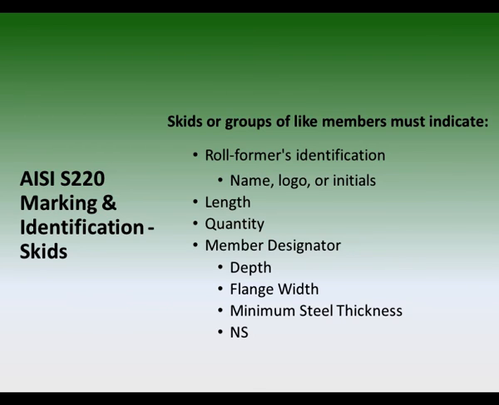Groups of like members must be marked with a label or a tag attached thereto. Markings include the roll former's identification, such as name, logo, or initials, length, quantity, the manufacturer's member designators, including member depth, flange size, minimum steel thickness in mils or inches exclusive of the protective coating, and the designation S for non-structural.